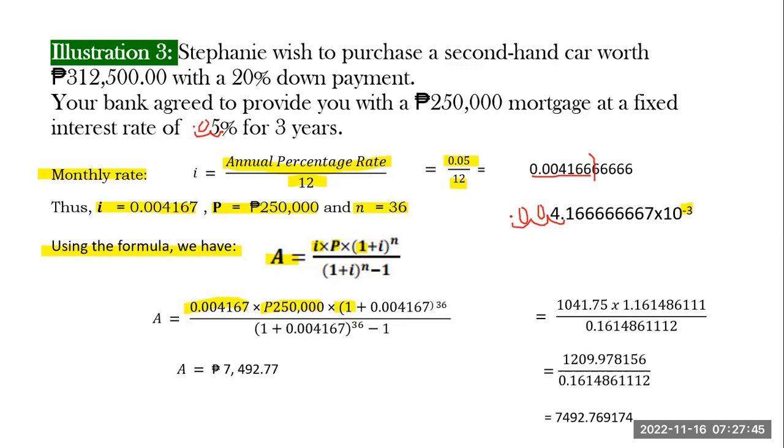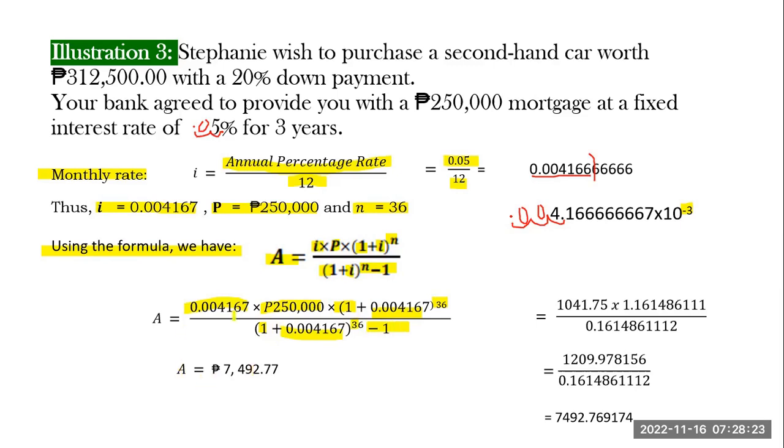Hindi siya nababago. So, 1 plus I, that's 0.04167, raised to N, and that is equal to 36. Divided by, okay, the quantity of 1 plus I. So, parentheses, 1 constant, just copy. Then, plus I, the interest is 0.04167, raised to N, that is 36. And then, minus 1. Okay, constant ulit. So, just copy minus 1.